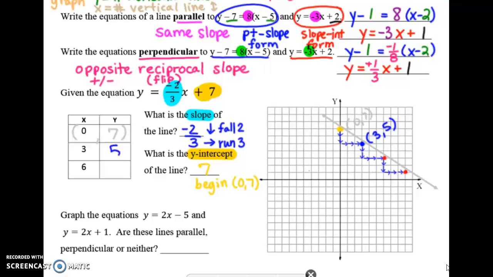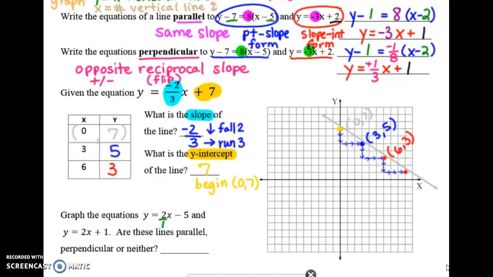So 3, 5 will be my next ordered pair in the table. My next ordered pair is 6, 3, because it went right 6 and up 3. And that's how you graph a line carefully. Identify the important pieces of information, such as the slope and the y-intercept.